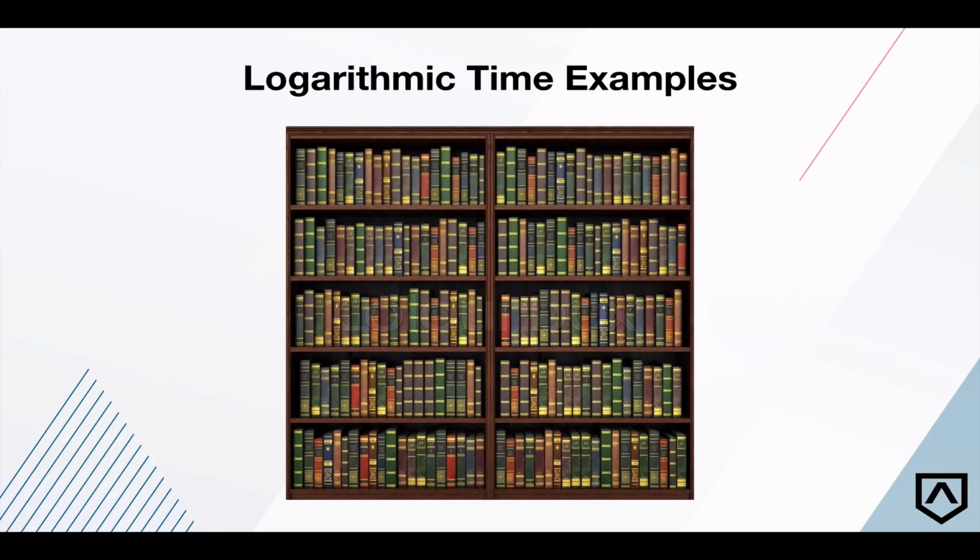It's similar if we imagine a bunch of books on a bookshelf ordered alphabetically. If we're looking for a book and we know its title, we'll generally have an idea of where that book is. So if our book starts with the letter G, we don't need to look in the A section because we know it's not going to be there. We're not even going to bother looking.